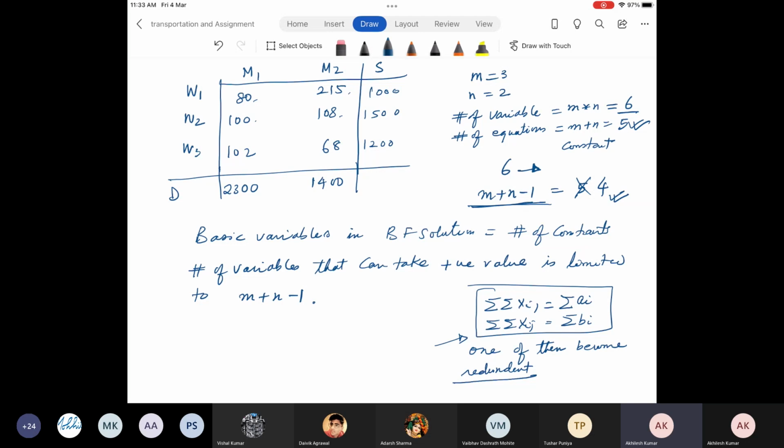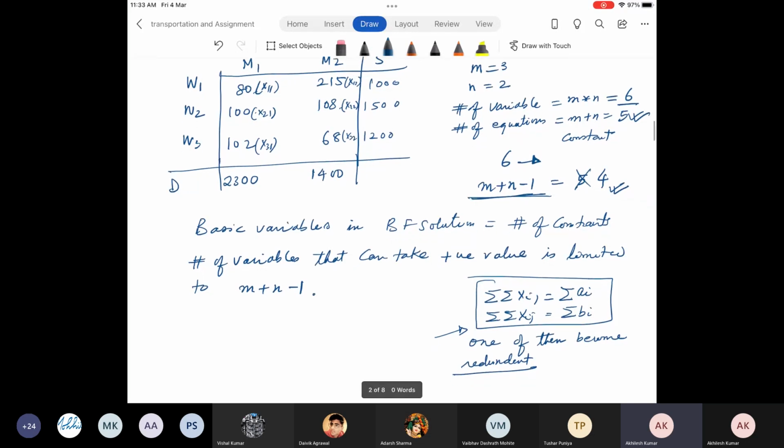To better understand, let's associate variables with this one here: x11, x12, x21, x22, x31, x32. Let me write x11 plus x12 equals 1000. All the supply ones I am writing first. x21 plus x22 equals 1500. x31 plus x32 equals 1200. These are your supply constraints.